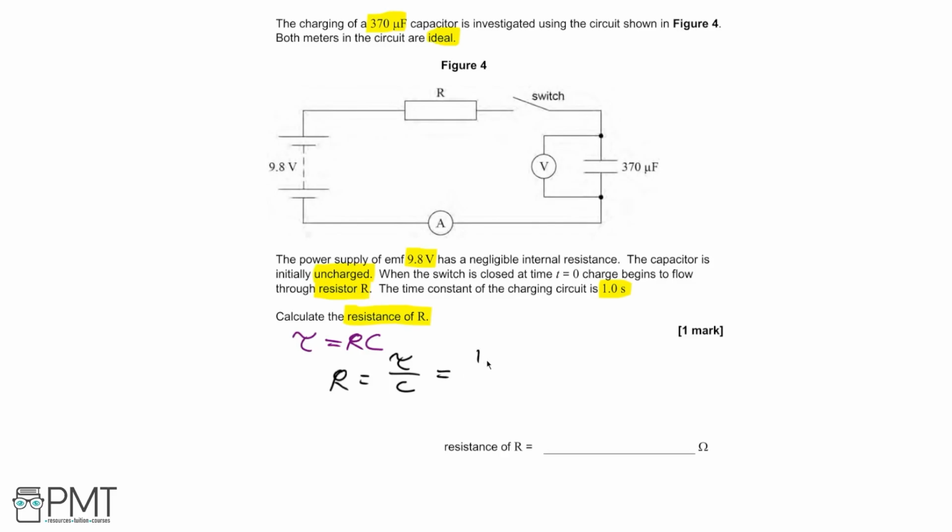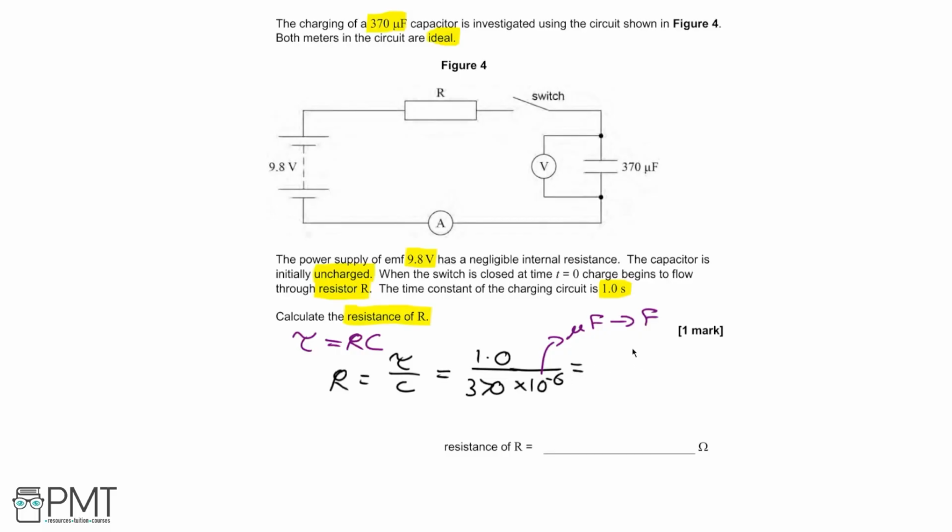Specifically, we know that we have 1.0 seconds as the time constant, and we know that the capacitance is 370 times 10 to the minus 6, where this conversion comes from converting microfarads to farads, because the micro is a prefix which includes a 10 to the minus 6.